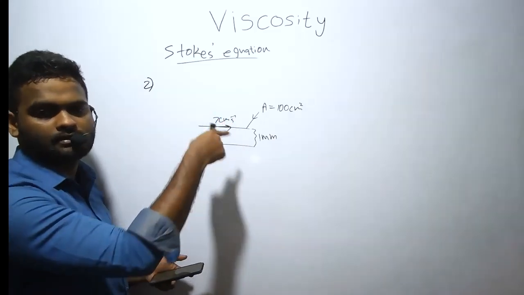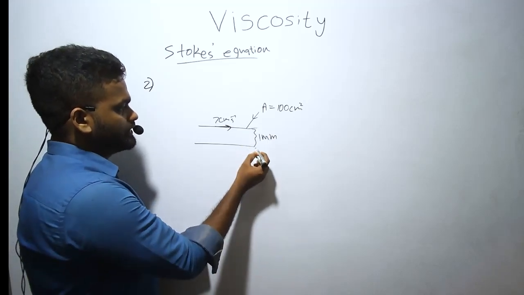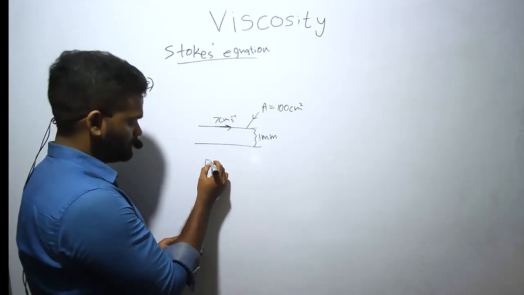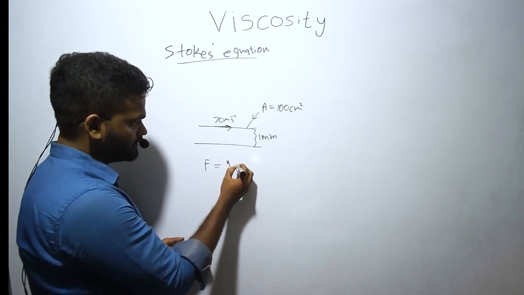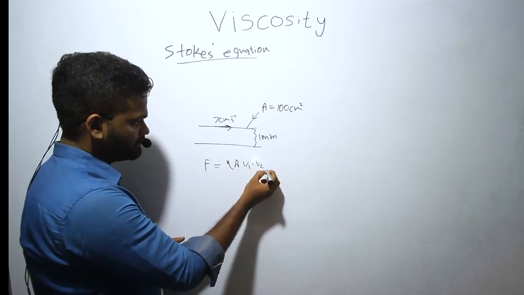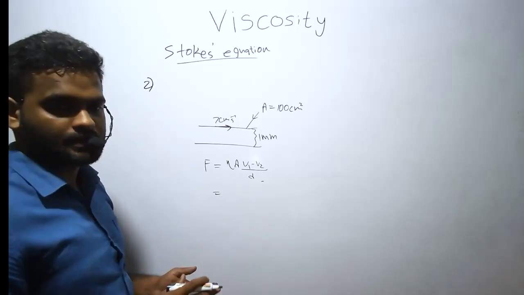If you want, you can draw a sketch like that. Then what happens? What they ask is force, eta A v by d. Just apply this equation. You have to remember this equation, right?